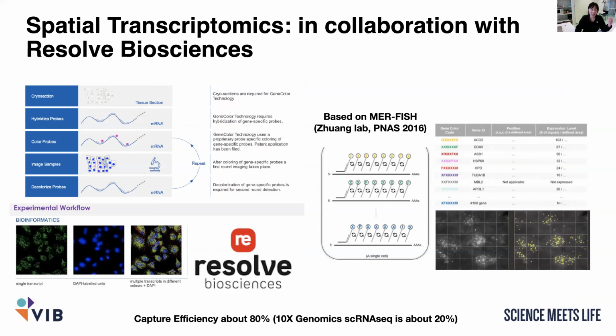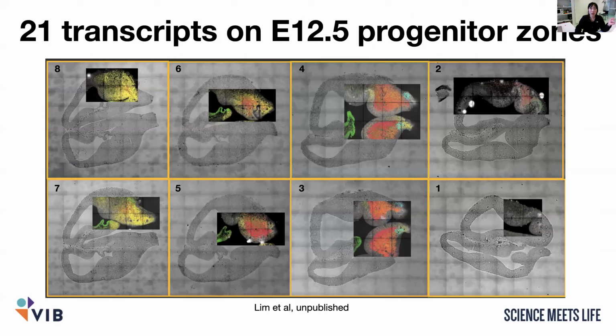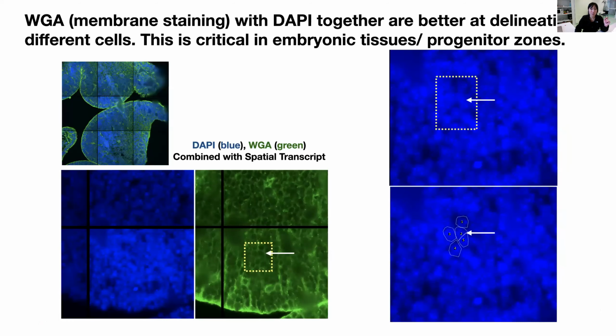What this does, in the end, is really a single molecule FISH experiment that you can perform for over 100 to 200 transcripts. So we started a pilot with them, and we examined about 25 transcripts on E12.5 tissue in the MGE. This is an overview of how the experiment is done. Each color that you see here represents a different probe.